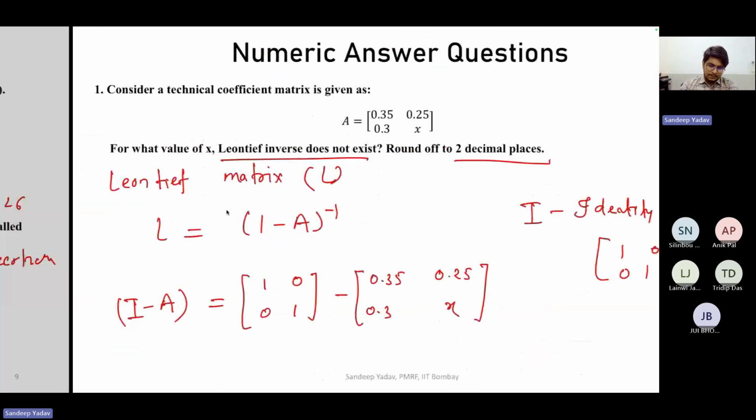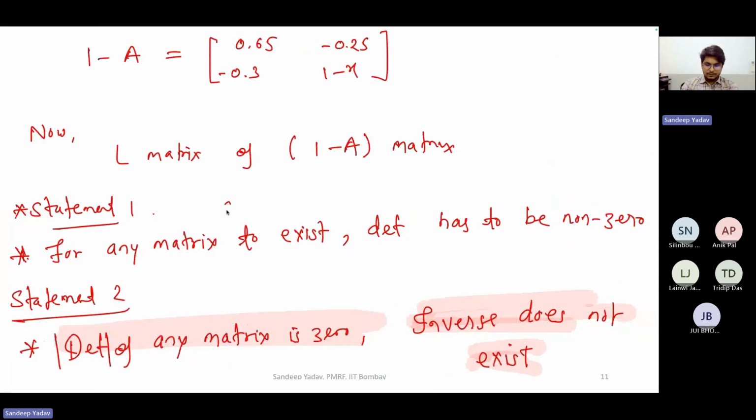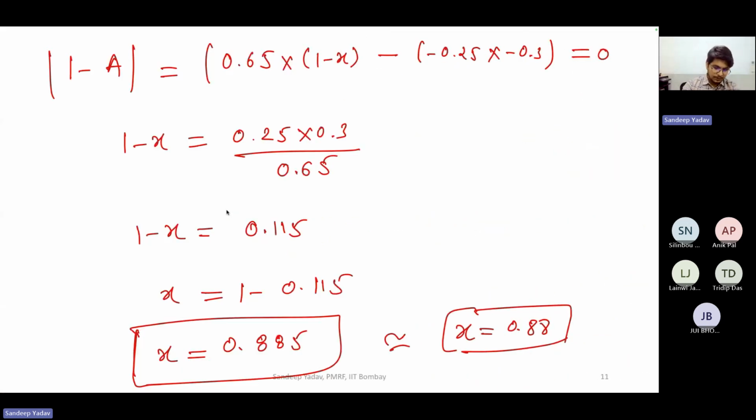It's been asked for what value of x the Leontief inverse does not exist. So to consider that the inverse does not exist, we need the determinant of the matrix to be equal to 0. Here we have calculated the determinant of the I minus A matrix and considered it as 0.